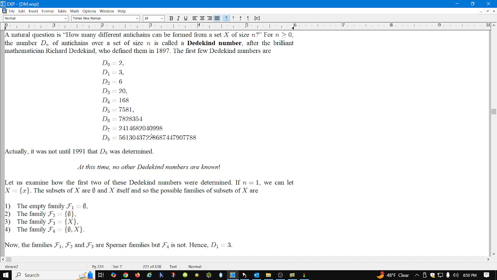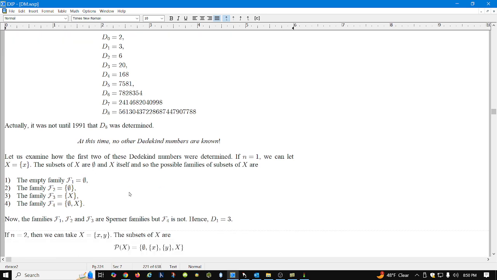Let's take a look at the first couple. For n equals 1, we just take a set of size 1, so it may as well be the set containing x. The subsets of this set, capital X, are the empty set and the whole set itself.